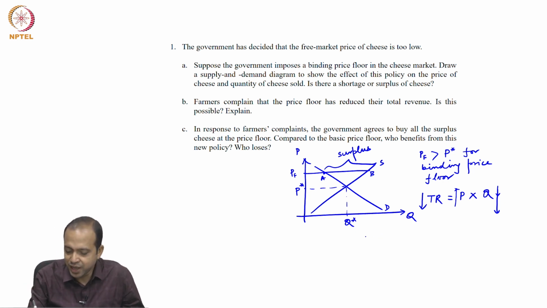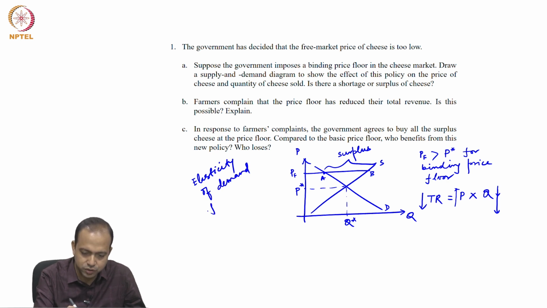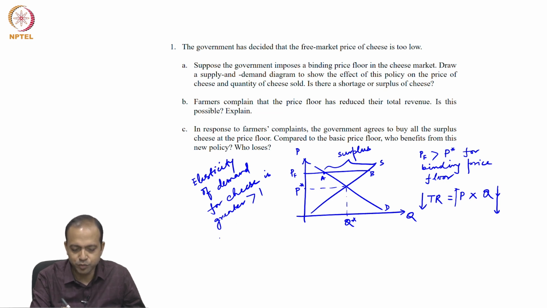So, that means the assumption is that the elasticity of demand for cheese is greater than 1. Okay. So, that means this is elastic demand that we are talking about.